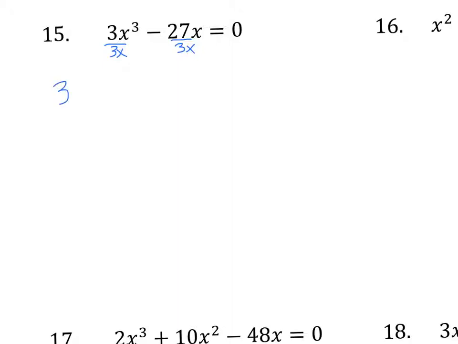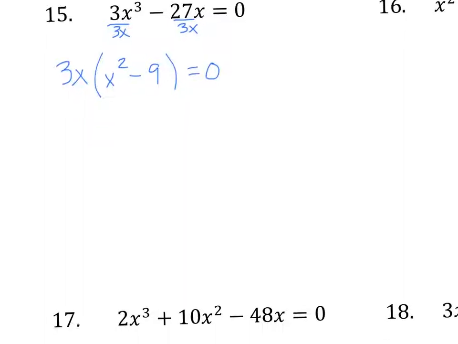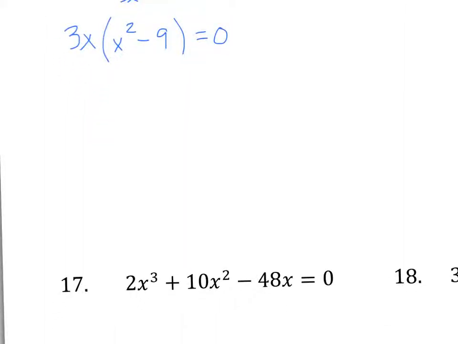So I'm going to write 3x and then rewrite the rest of the problem taking away a 3 and an x. So here I just get x squared, and then negative 27 divided by 3 is negative 9, and remove the x, and that's it. Equals 0.